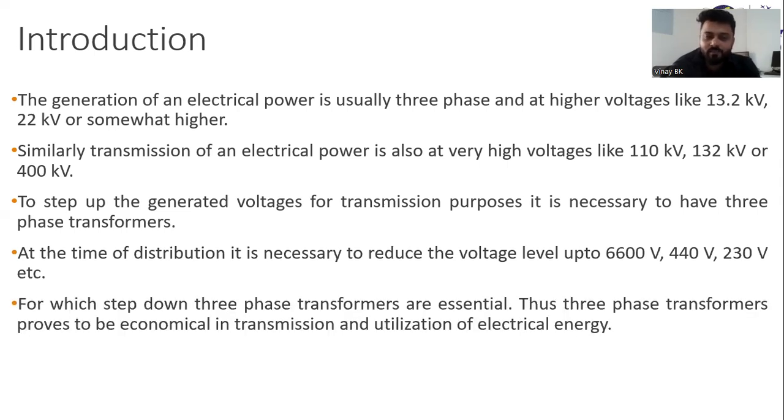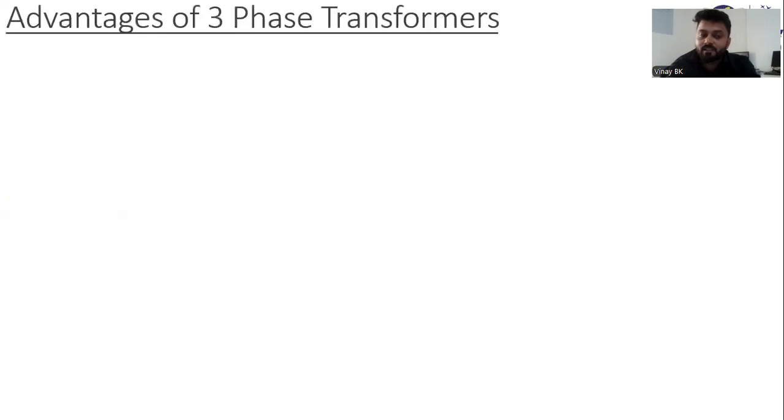So step-down three-phase transformers are usually used to step down the voltage from higher to lower to get supply to our homes. So we can conclude that three-phase transformers prove to be economical in transmission and utilization of electrical energy.